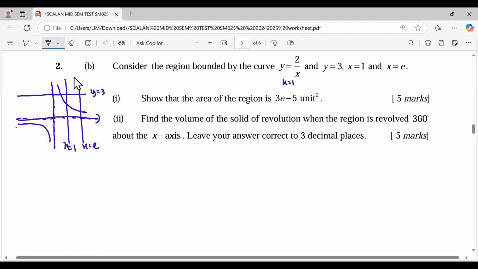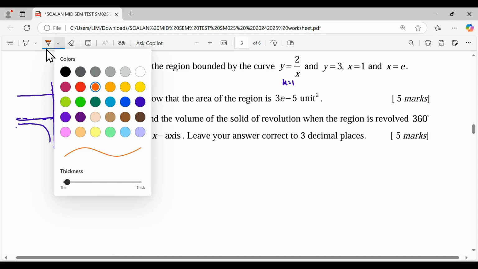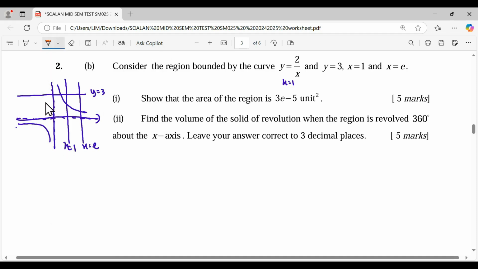So find the region bounded first before you calculate your area and volume. We cannot simply answer an area and volume question without drawing the graph, without knowing the region. That is the huge mistake we see, where students like to integrate straightforwardly without knowing the graph, without knowing the region.